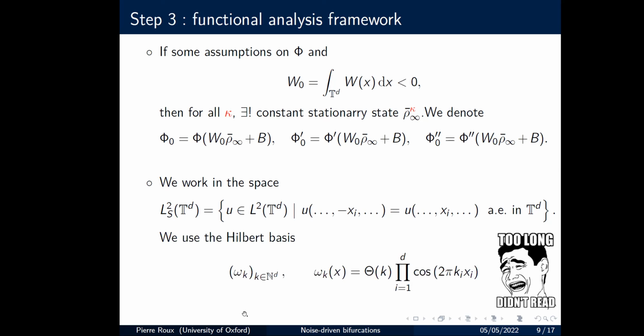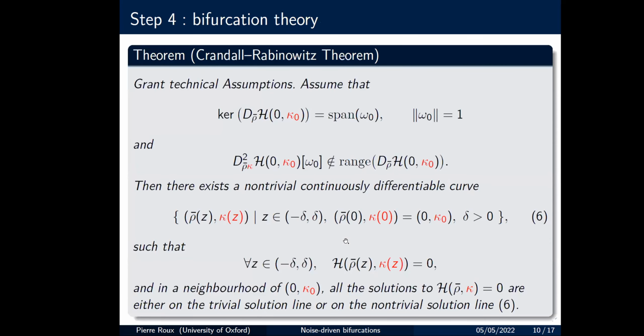And then we have this Hilbert basis of this L2S space of the torus, which contains only cosines because the sines are not present in this one. And the Fourier coefficients, of course, will play a major role in our analysis. And now we want to apply this ugly theorem.